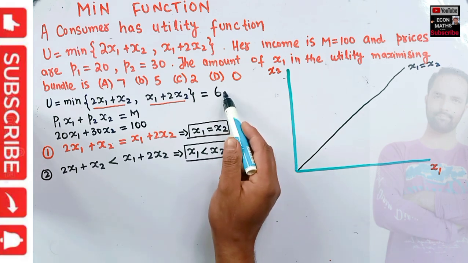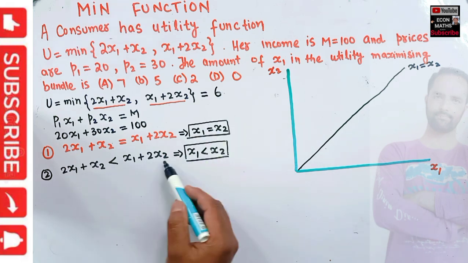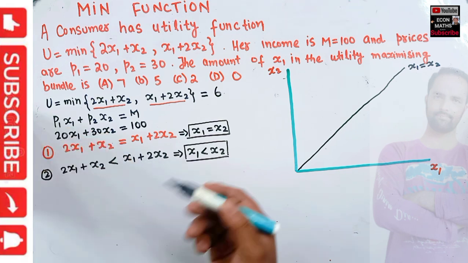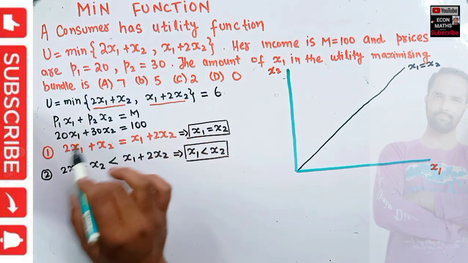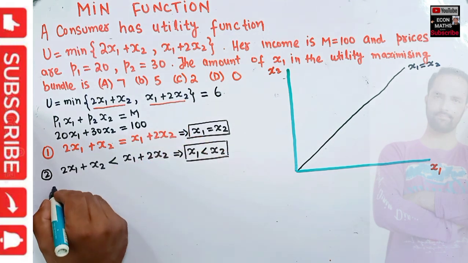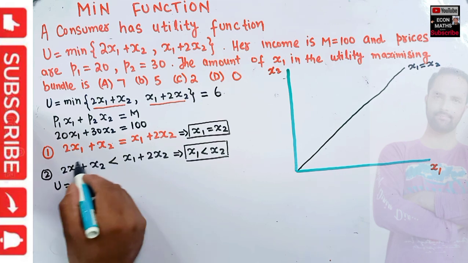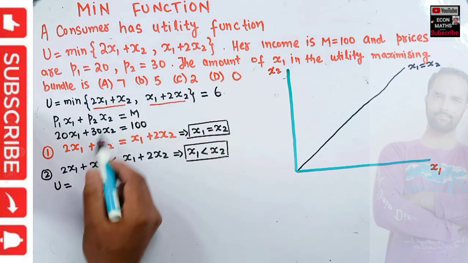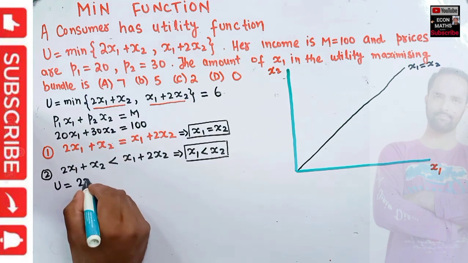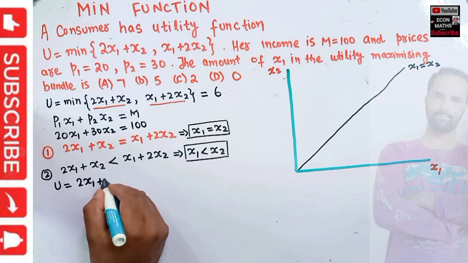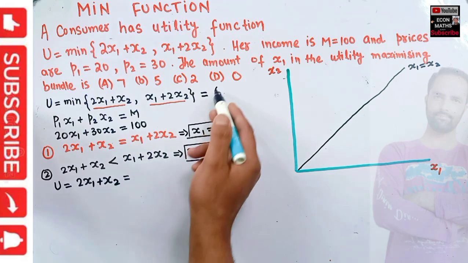We have fixed the utility at 6, and this argument is less than the other argument, and we know that in the case of a min function, whatever is minimum between the brackets is our utility. So in this case our utility will be equal to the very first argument, that is 2x1 plus x2, and let us solve it for the utility level of 6.